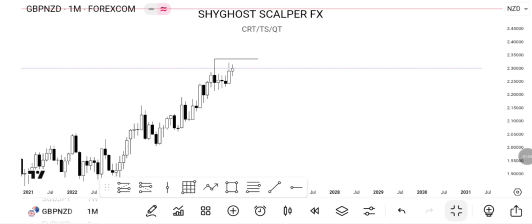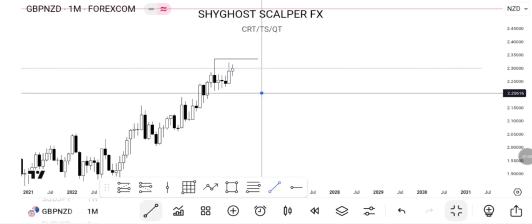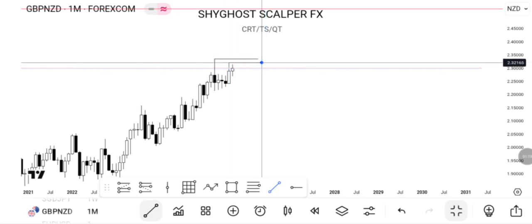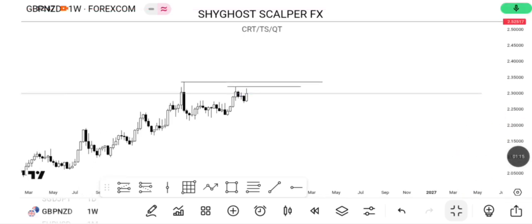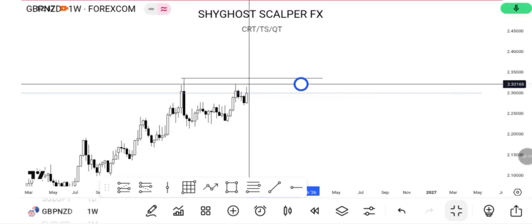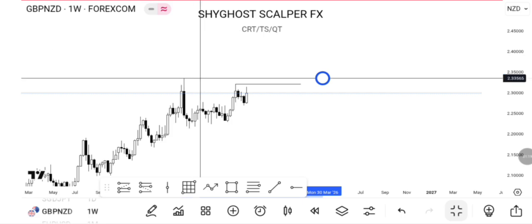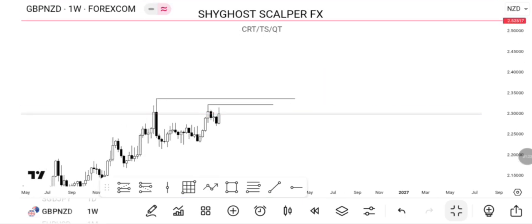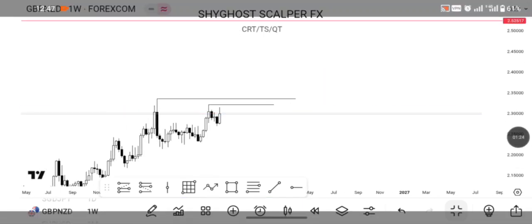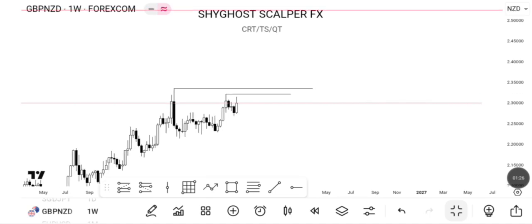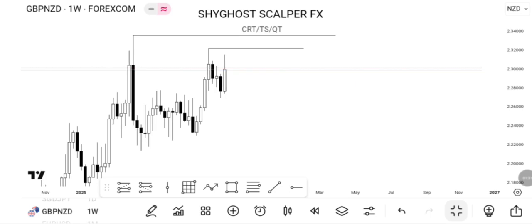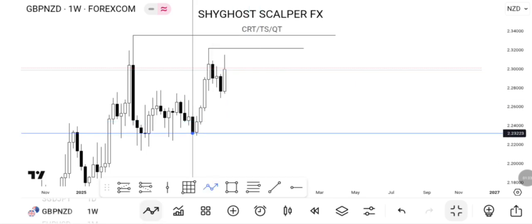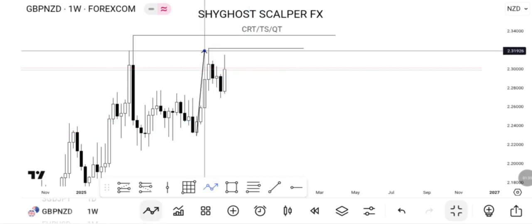So I'm going to drop down to the weekly time frame after the monthly time frame, just adjusting my chart. As we see on the weekly time frame, it's coming from an expansion profile.